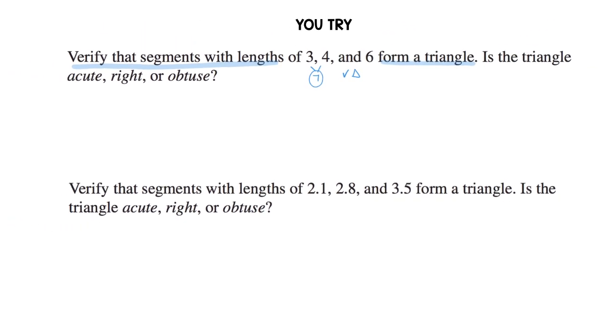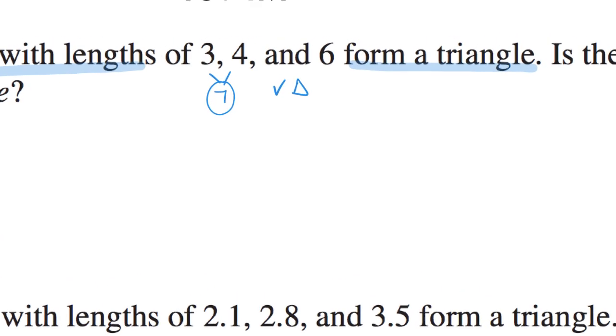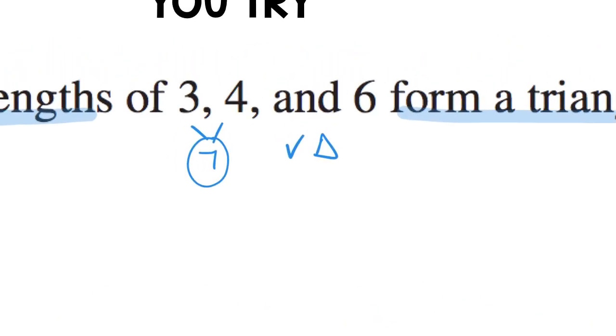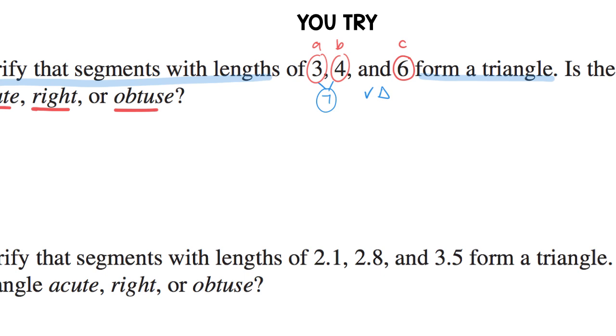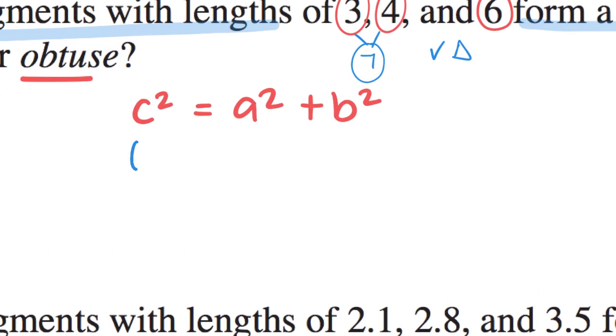Now we're going to figure out if it is acute, right, or obtuse. So to do that, we just figure out which one would be A, B, and C. 6 would have to be C. That means these could be our A and B. And then we're going to plug them into Pythagorean theorem. And again, I like to write Pythagorean theorem backwards when I do this because I like the c squared to go first. So we're going to put 6 squared equals 3 squared plus 4 squared.